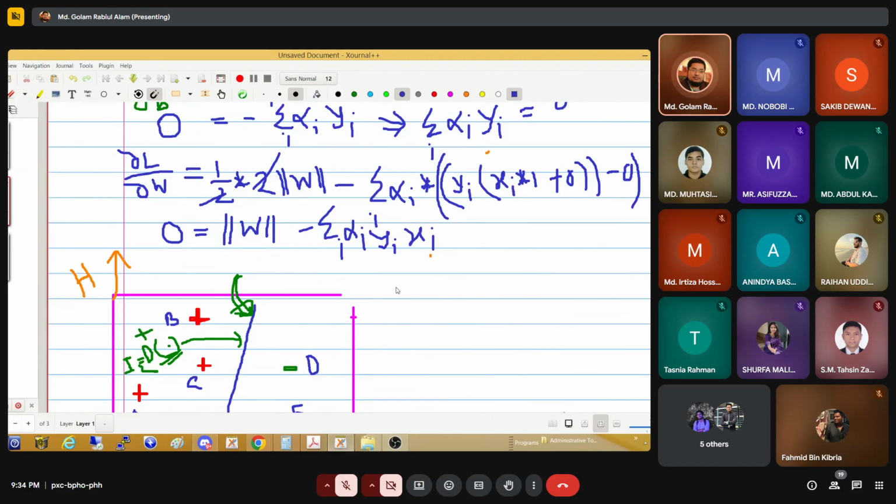So it means we will get here W equals summation of i, alpha i, y_i, x_i. So that means this is the second equation we got from our Lagrange method.